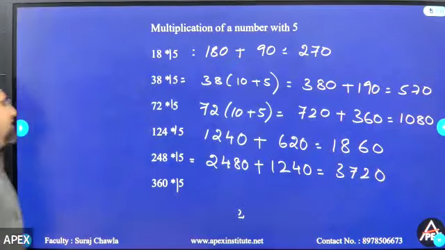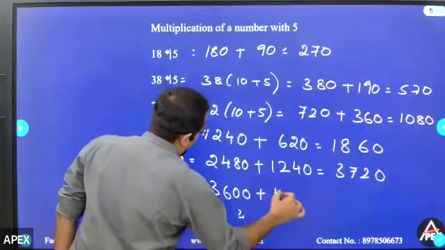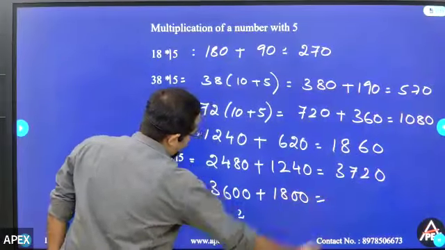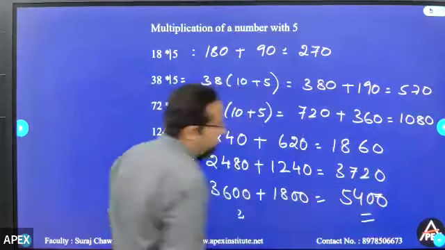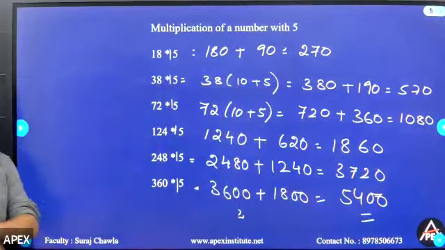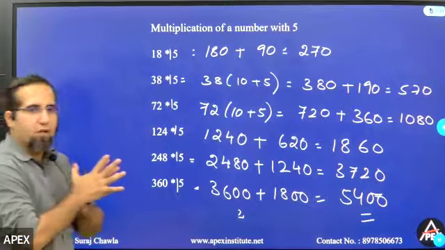And finally, 360 into 15 is going to be 360 into 10 plus 360 into 5. And that is going to be 5,400. Clear? Sure. Register the process of multiplication of 15.